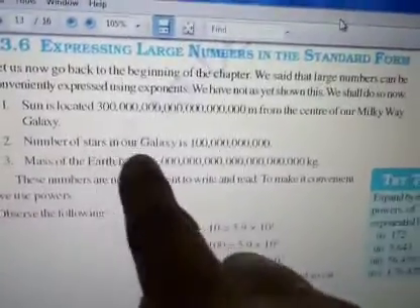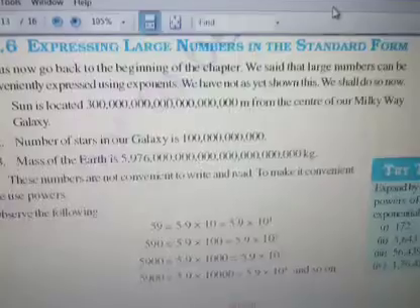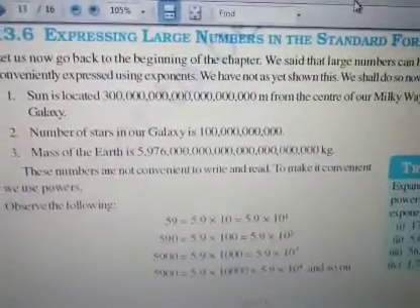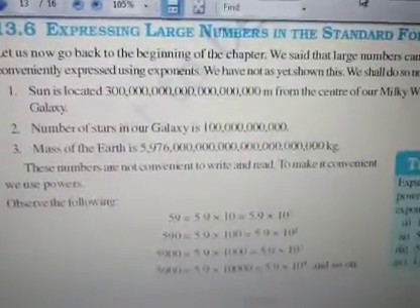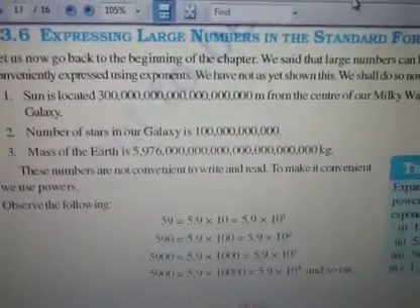Number of stars in our galaxy: so this many stars are there approximately. So can we say these ones, tens, hundreds? It's very difficult, right? So we'll use this standard form for our calculation. I'll teach you how to write the standard form. Okay. Now I am going to teach you how to write the standard form.